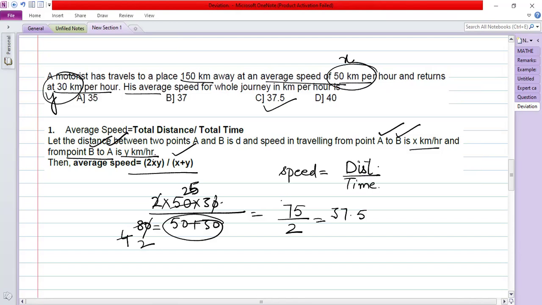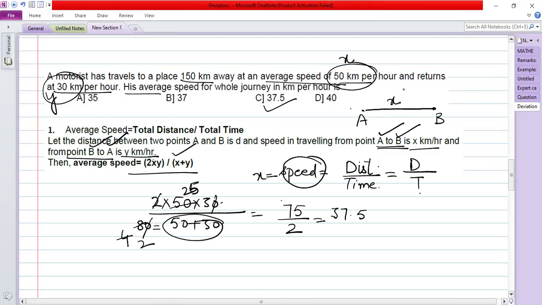Suppose from one point to another point, the distance is d and the time taken is t. We are taking 2 points, say one point is A and the other point is B. This is the speed x kilometer per hour.